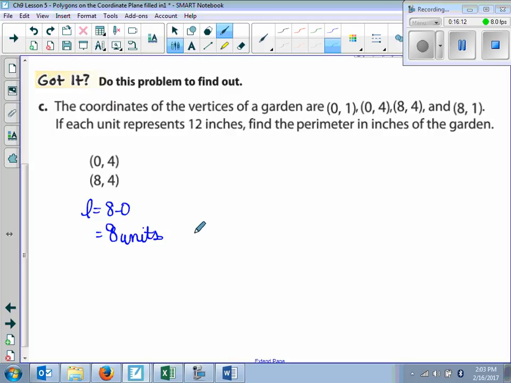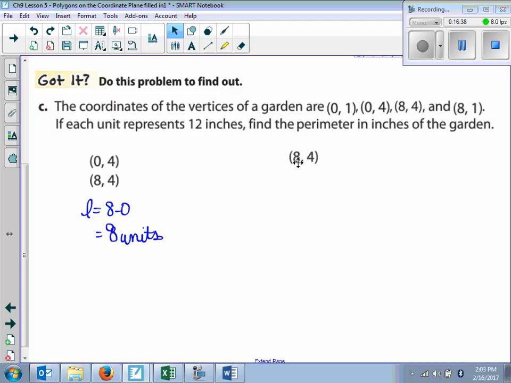Now, we want the up and down, the vertical. So just watch my pen. If the pen is going up and down, which values are the same? The x values are the same. Very good. So which one of these have the same x values? 0, comma 1 and 0, comma 4, or 8, comma 4.